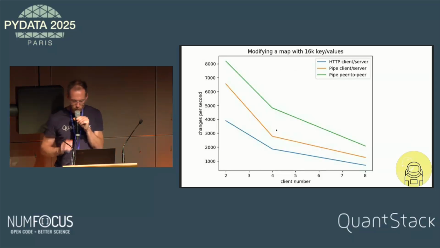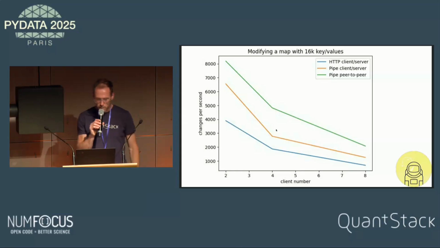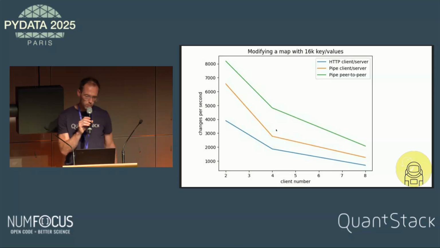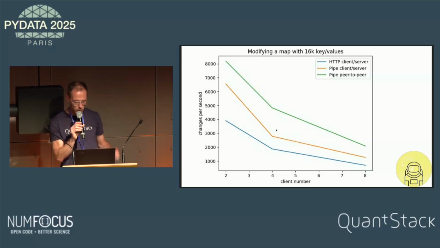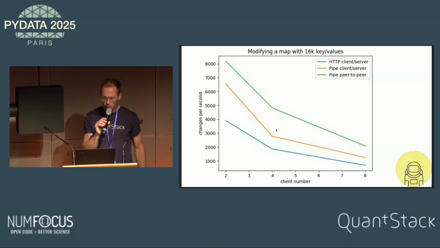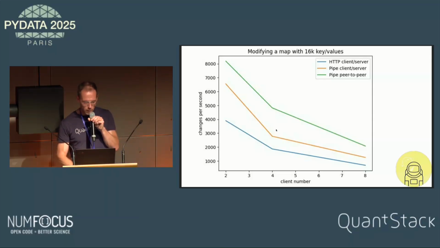And those are the typical results I got. On the y-axis, you have the changes per second. We want that to be as high as possible. And on the x-axis is the number of clients. So basically we see that HTTP is slow compared to pipe transport. We were expecting that.